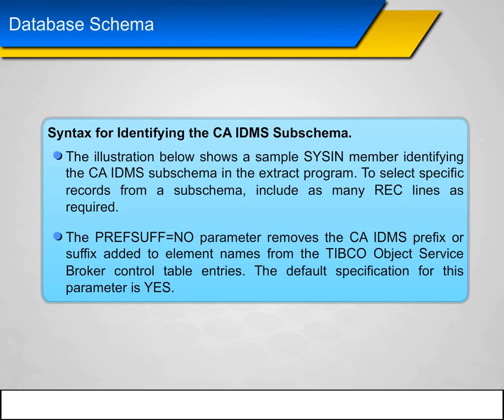The PREF-SUFF equal to NO parameter removes the CA/IDMS prefix or suffix added to element names from the TIBCO Object Service Broker control table entries. The default specification for this parameter is yes.